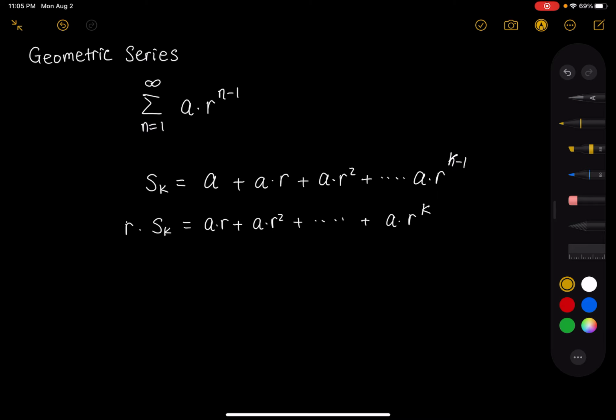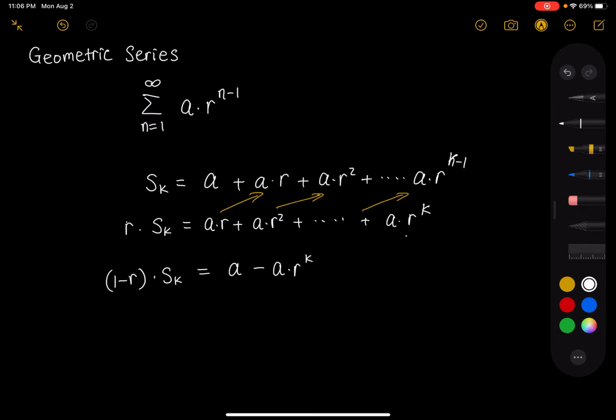Then we notice that this and that are the same, this and that are the same, and so on. If we subtract the bottom from the top, we get 1 minus r times S of k equals a, what is left, minus the last term, a times r to the k power.